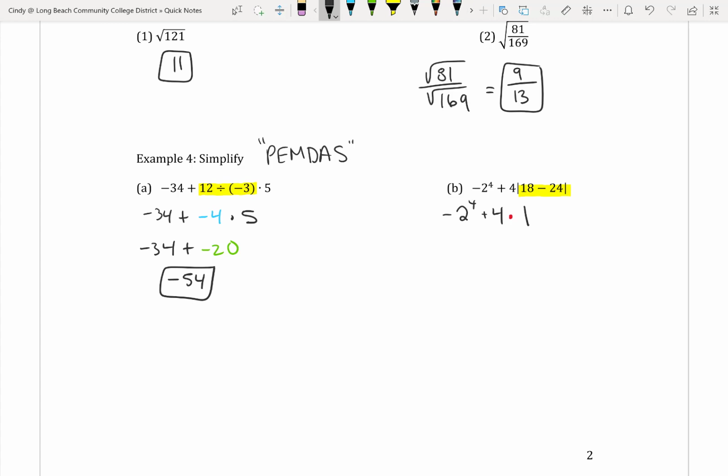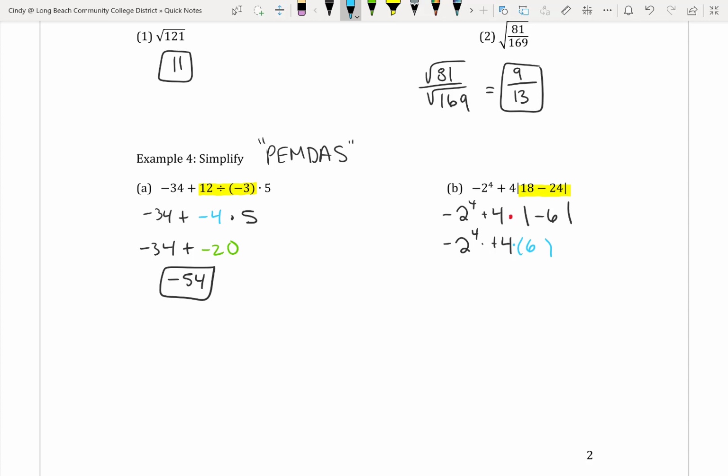So inside the absolute value, I'm going to have 18 minus 24, and that gives me a negative 6. And now, since I'm doing the absolute value, I can think of this as being multiplied, so I can still think of it as multiplication. The absolute value of negative 6 is positive 6.